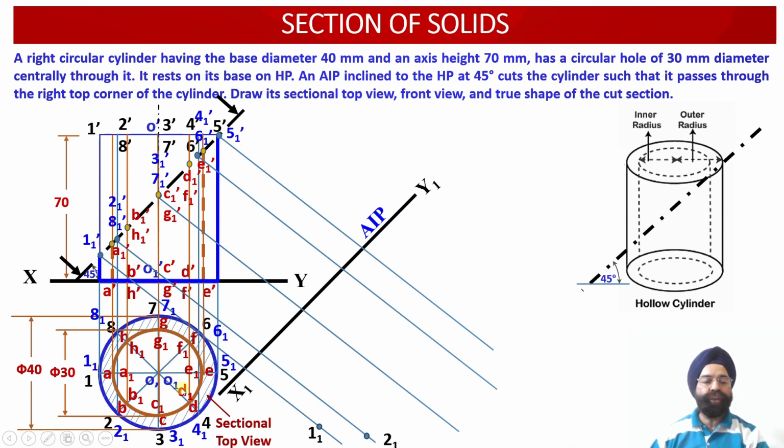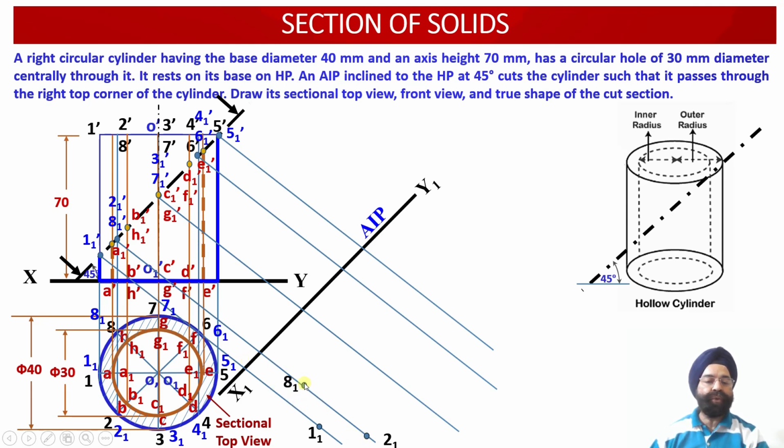Next point we are going to mark is point 21. Once again we are going to measure the distance between the xy reference line and point 21. Now onto the projector line drawn through point 21 dash, ahead of the plane x1 y1, the same distance of point 21 from the xy reference line will be marked over here.